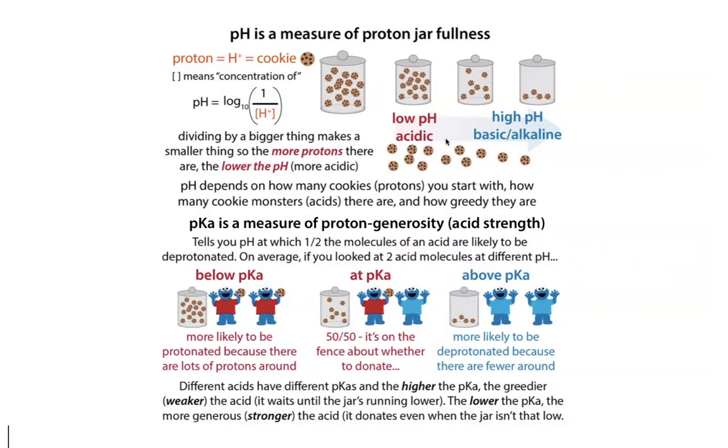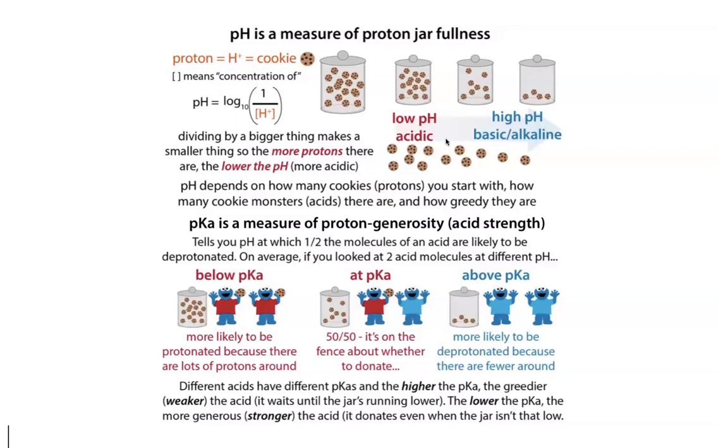But if you're above the pKa, there are fewer protons around, that jar is more empty, and so you're more likely to be deprotonated. This is true no matter what acid we're talking about. But what's going to change is the pKa. Different protonatable or deprotonatable sites are going to have different pKas.